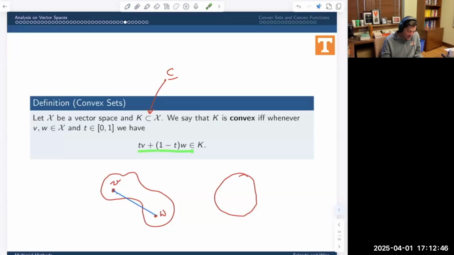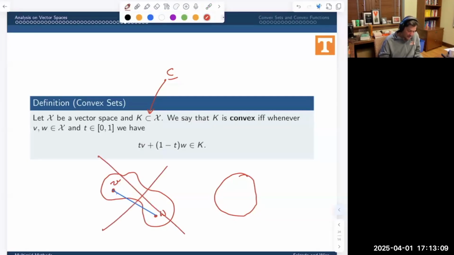So I can do that through a parameter t, such that if t is equal to 1, then I'm at V, and if t is equal to 0, I'm at W. So going naturally from 0 to 1, I go along this line at a linear speed. I want all those points to be in the set for this set to be convex. That doesn't happen in this case on the left, right?